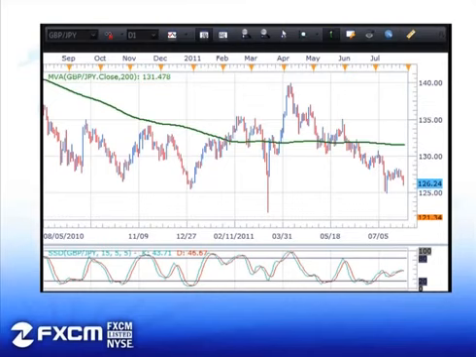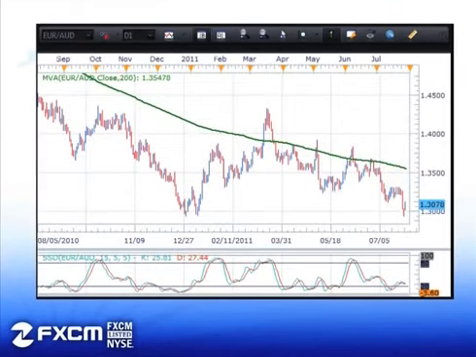So this is kind of okay of late, but it's not as good as some of the other ones. This Euro-Aussie pair: downtrend, lower highs, lower lows, price below the 200 period moving average. This is okay, but again, we've got some compromises of the 200 period moving average.